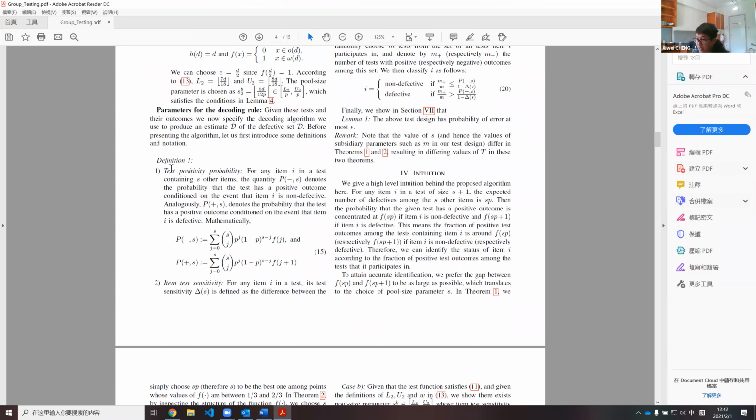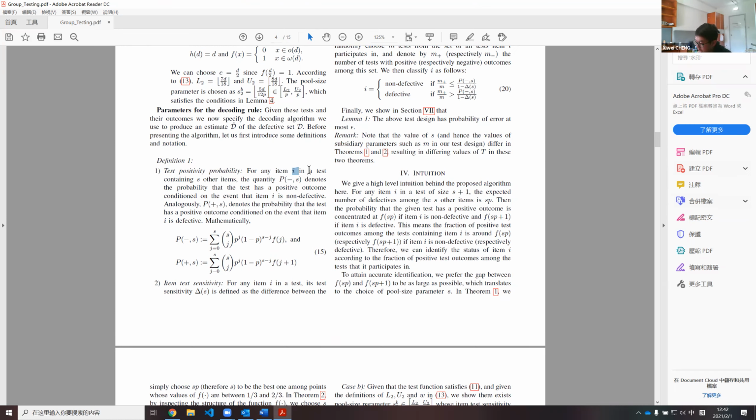The first one is the test positivity probability. We focus on one item called I. Say that it is included in one pool. From its viewpoint, the other items are randomly drawn, which means that they contribute the same number of defectives.